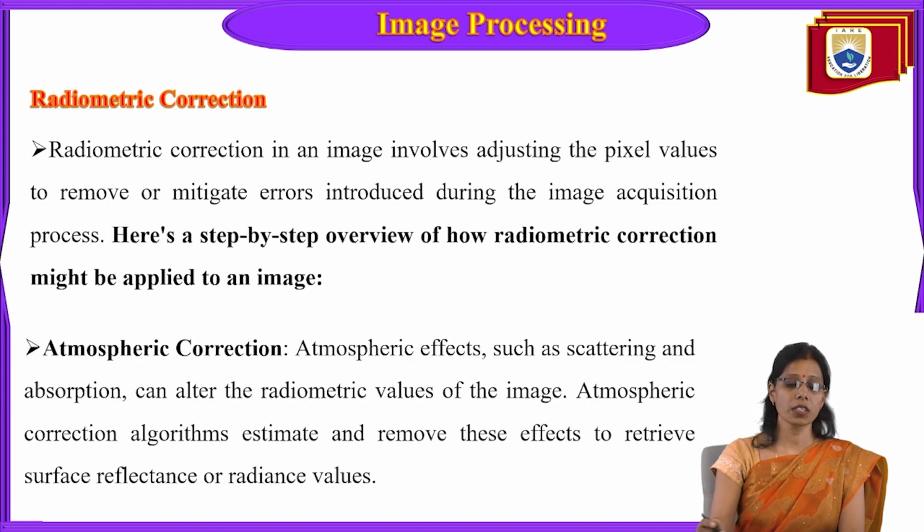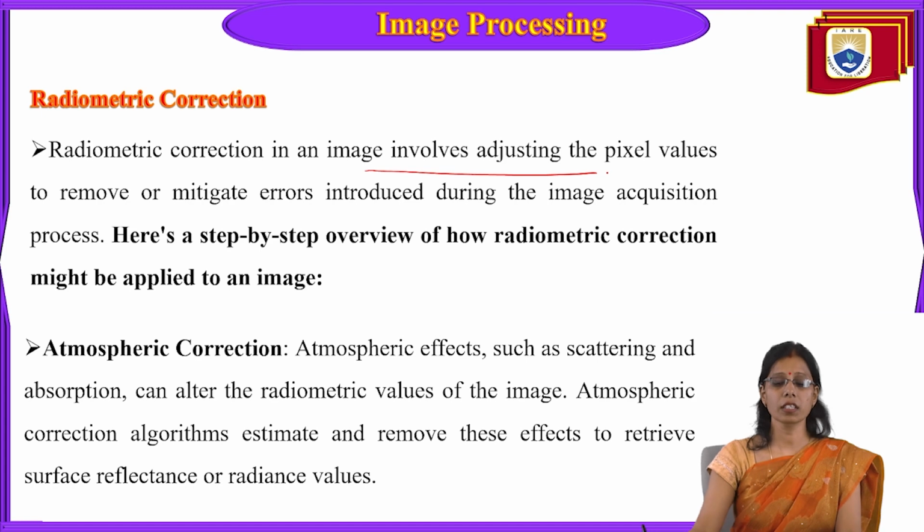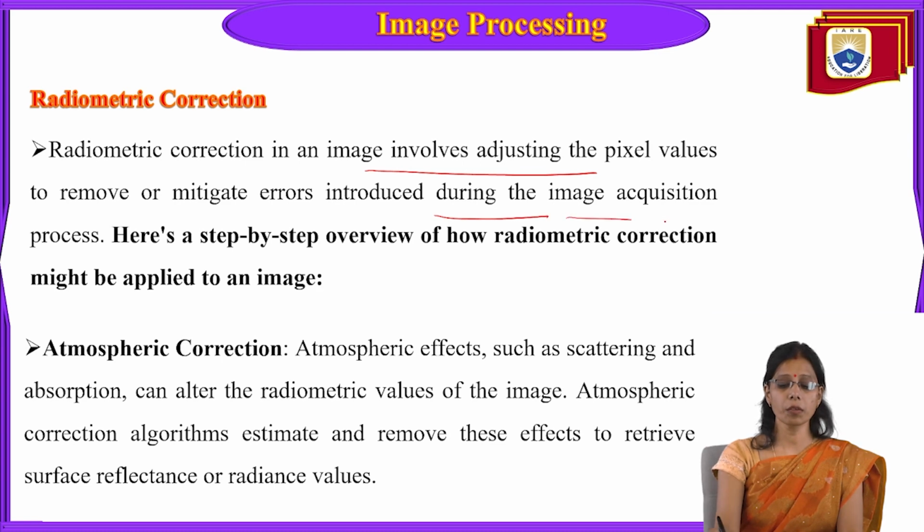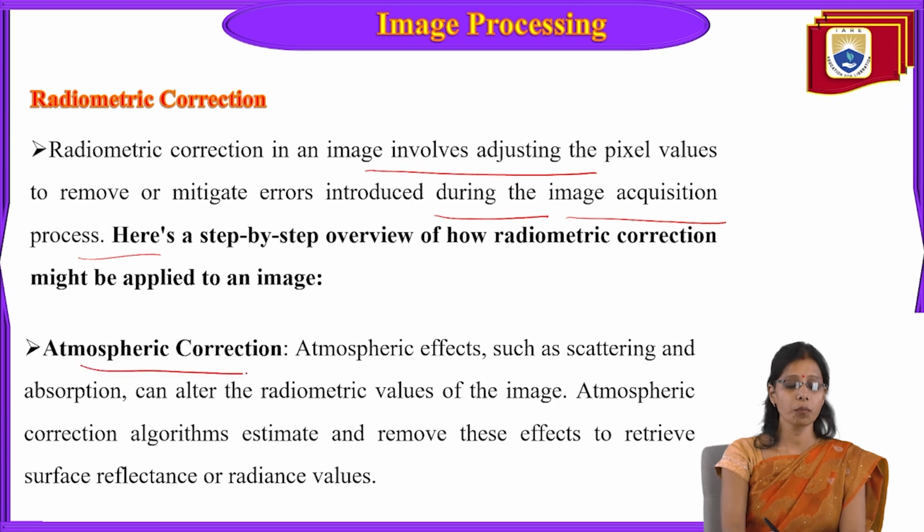Radiometric correction in an image involves adjusting the pixel values to remove or mitigate errors introduced during the image acquisition process. There are different steps in how radiometric corrections are applied to an image. First of all, you have to go through the atmospheric correction.